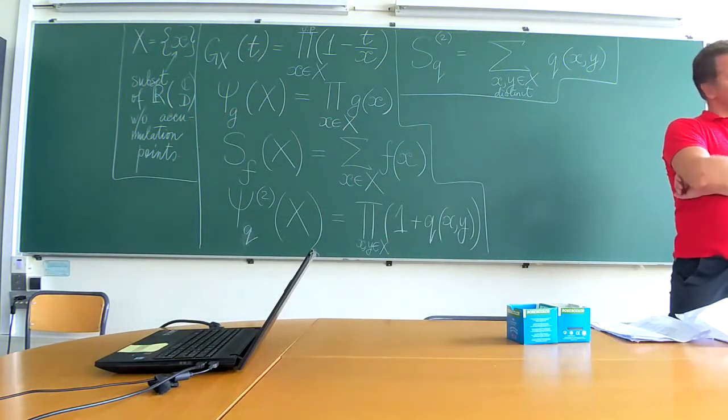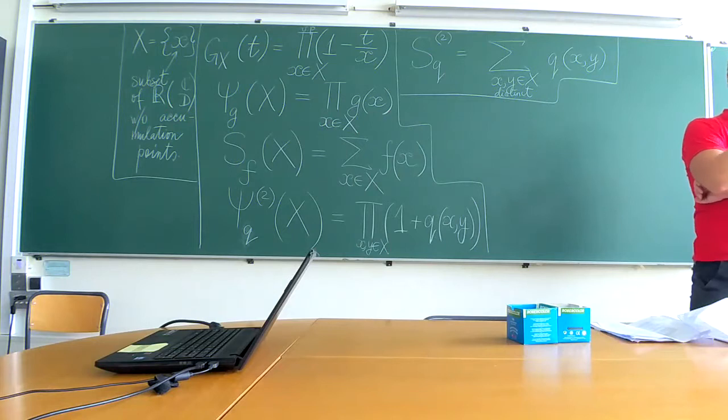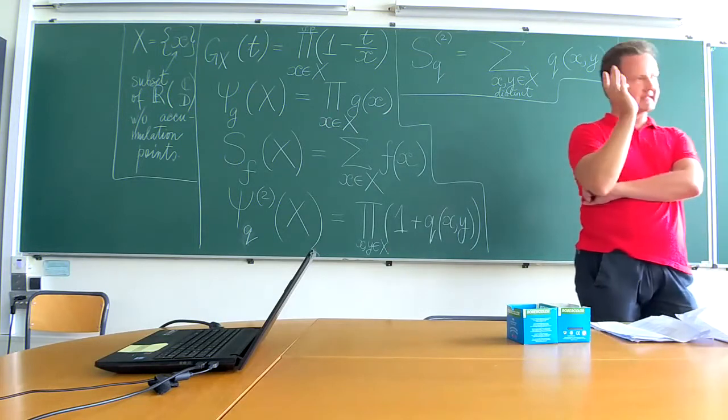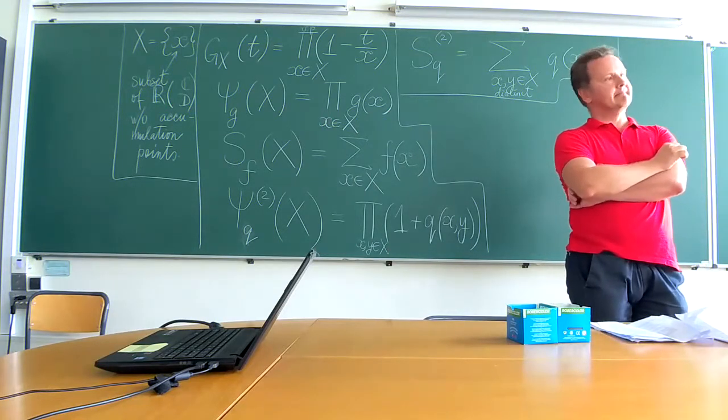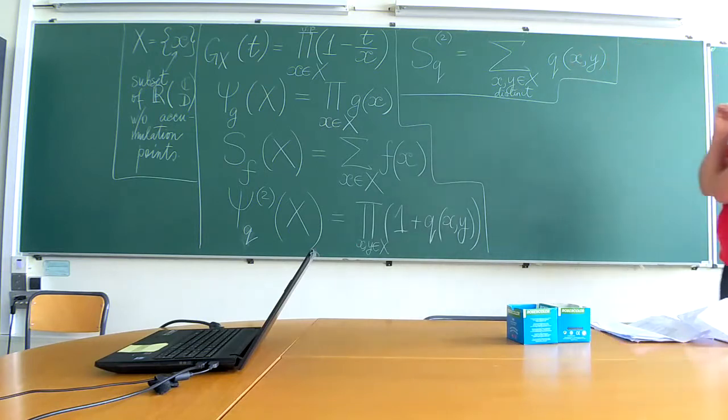That's exactly right. For example, in case of the disk, it can accumulate on the boundary, but yes, it's a discrete set. Oh, thank you. Okay.